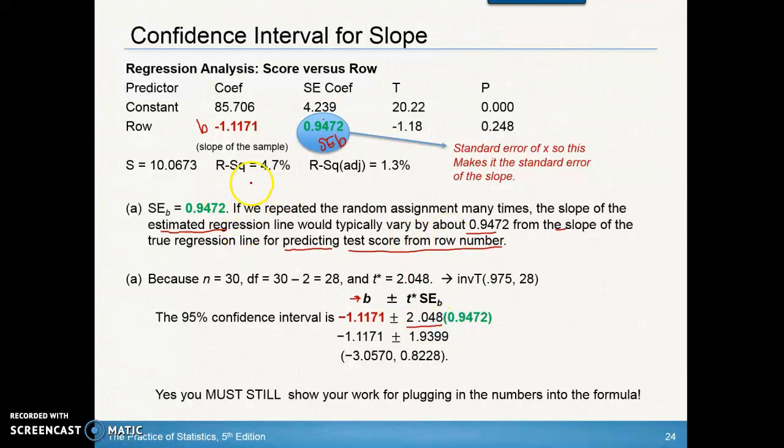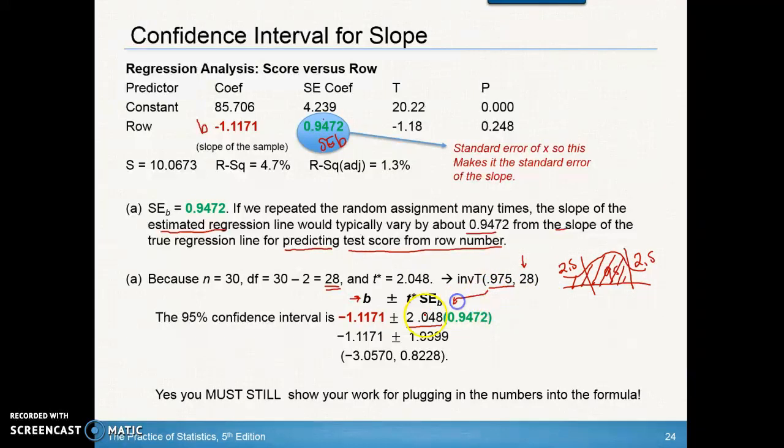Well, since there was a total of 28 values, which we were given on the previous question, the degrees of freedom is going to be 28. Since I want a 95% confidence interval, I have 2.5% below and 2.5% above, and I'm always looking at the area to the left. So I'm going to do inverse T of 0.975, degrees of freedom 28.